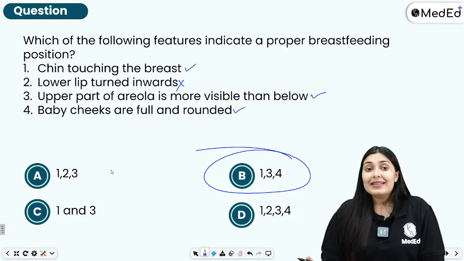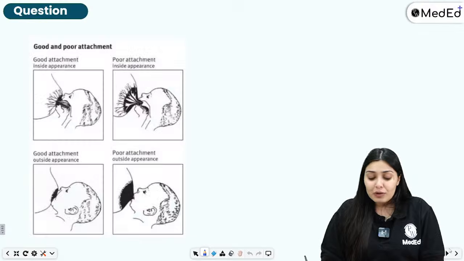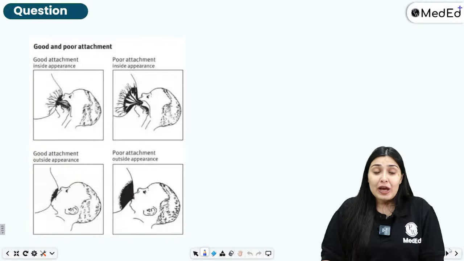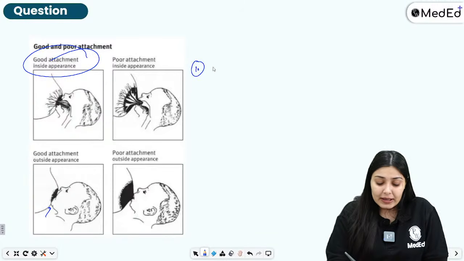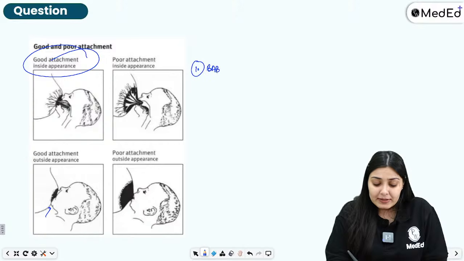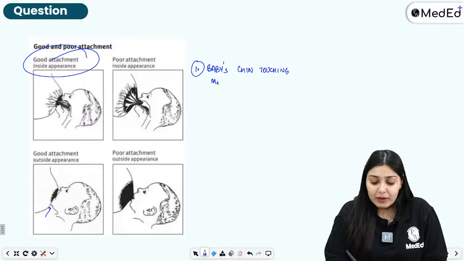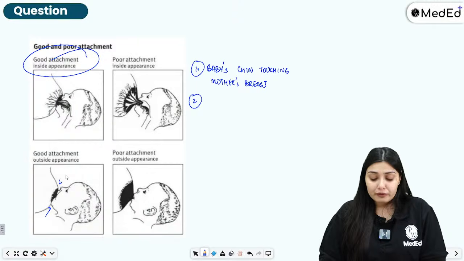So let's understand the proper breastfeeding position or the perfect latching position. So 4 points you have to take care of now. Look at the good attachment. In good attachment, firstly, baby's chin is touching mother's breast. Right? The nose should be cleared off.